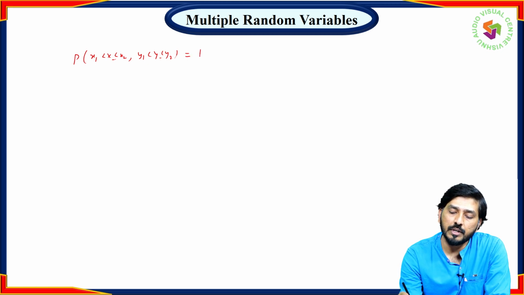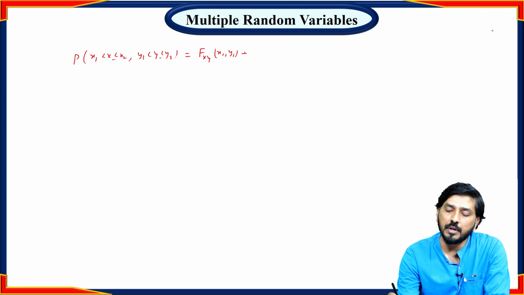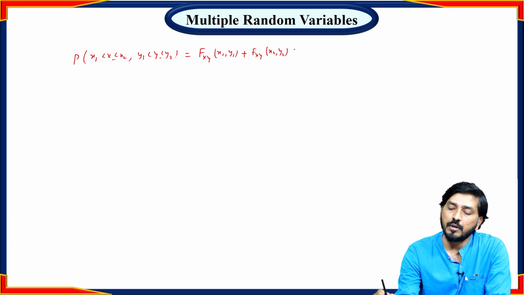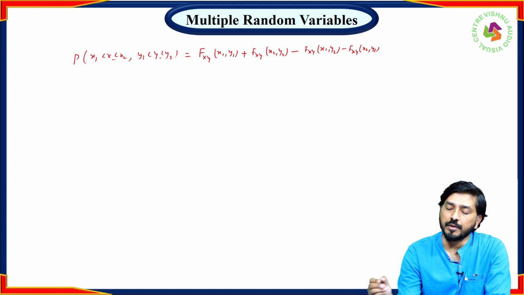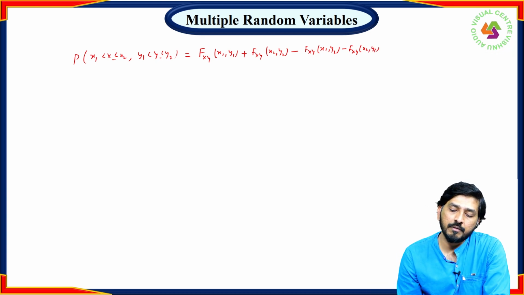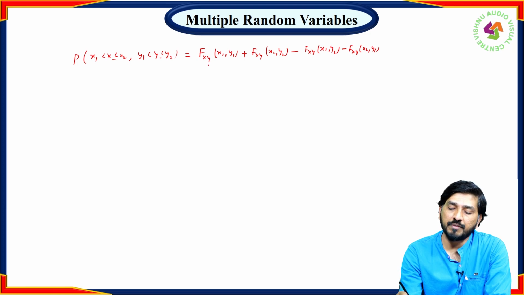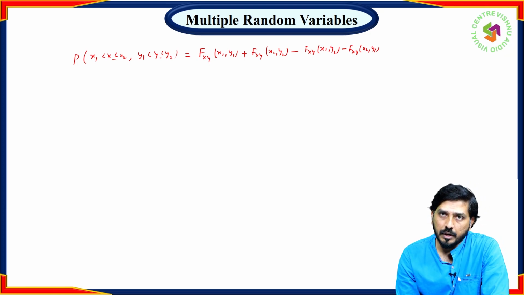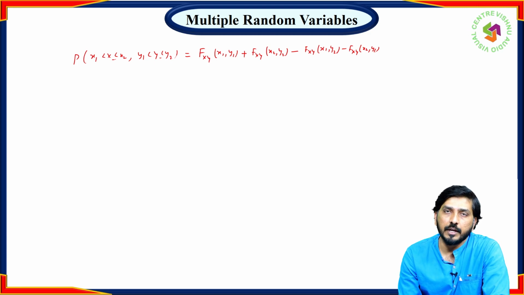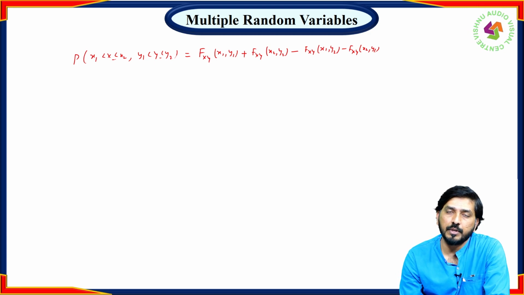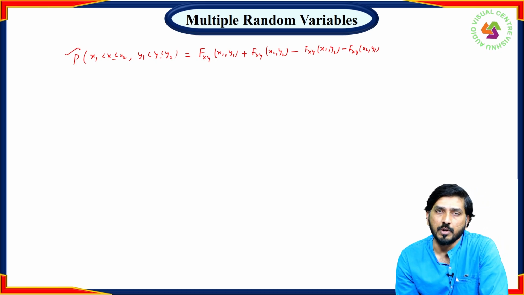So the answer for this one is Fxy of x1 comma y1 plus Fxy of x2 comma y2 minus Fxy of x1 comma y2 and minus Fxy of x2 comma y1. In the case of a single random variable, we come across only the difference Fx of x2 minus Fx of x1, where x2 is greater than x1. Based on that, here also we have this property.